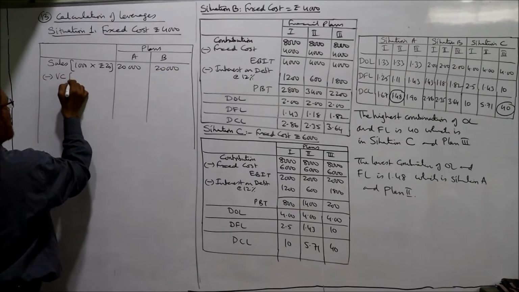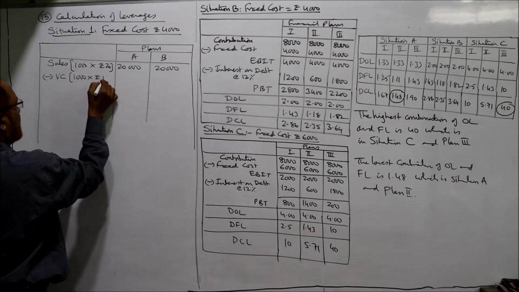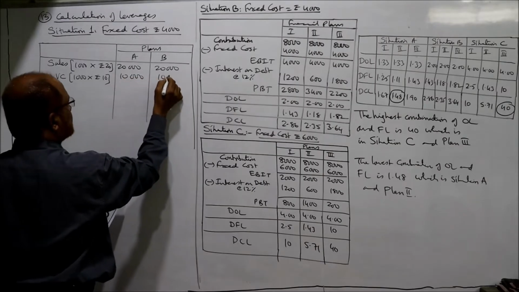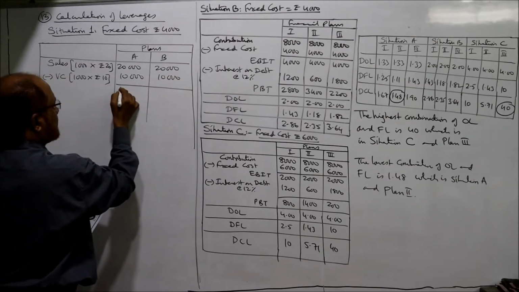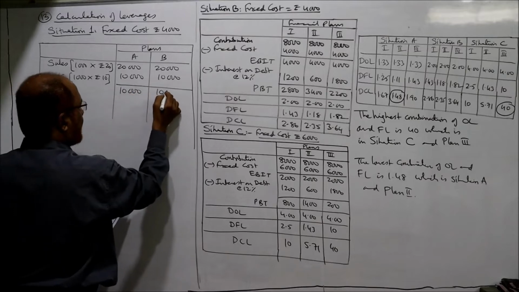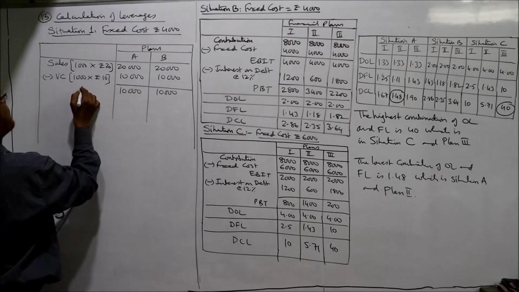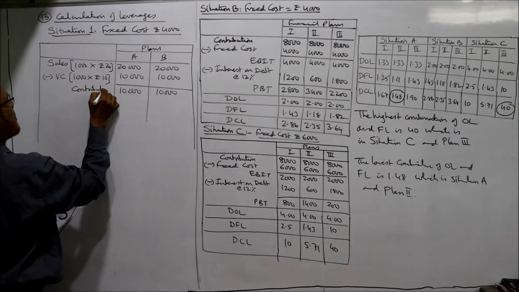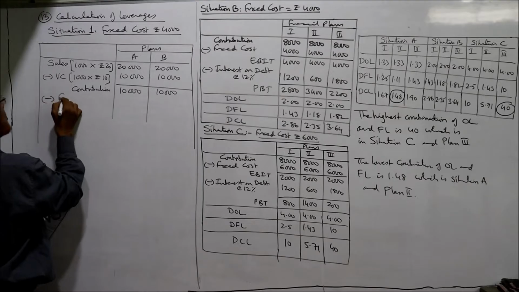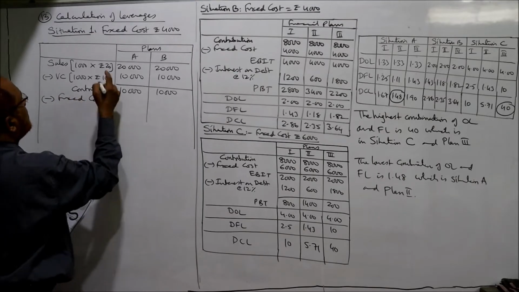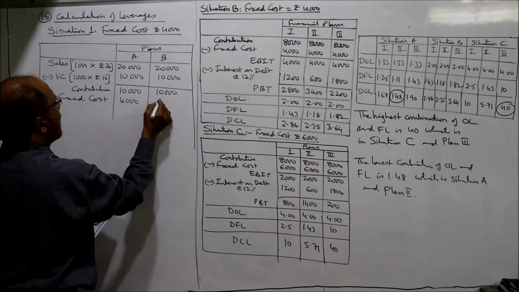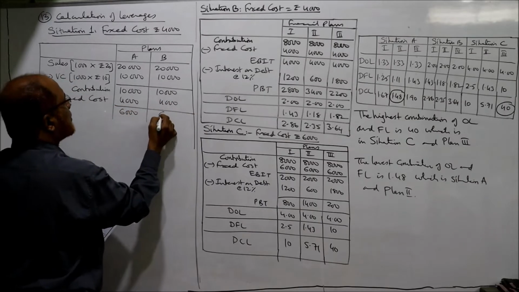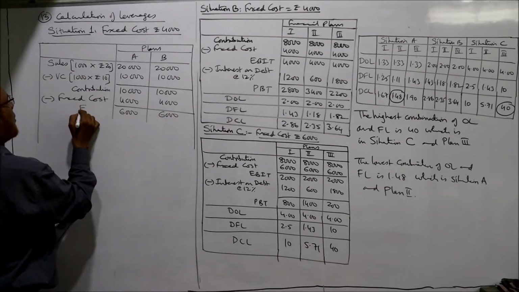Less variable cost, 1000 units into rupees 10. Sales minus variable cost will get contribution, minus fixed cost. Fixed cost is 4000. This is called EBIT.